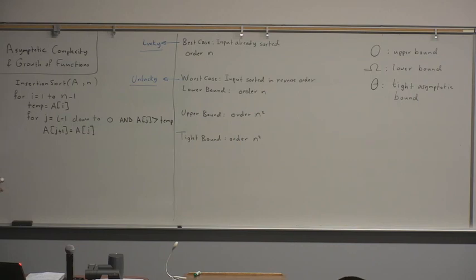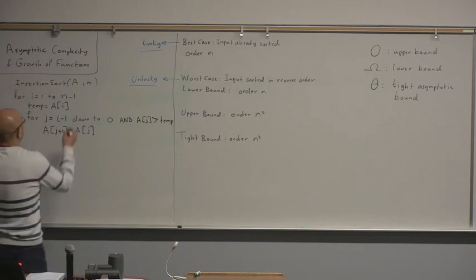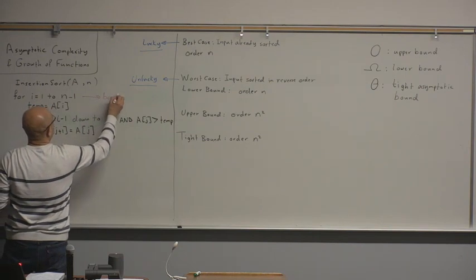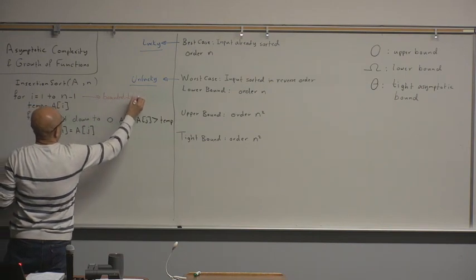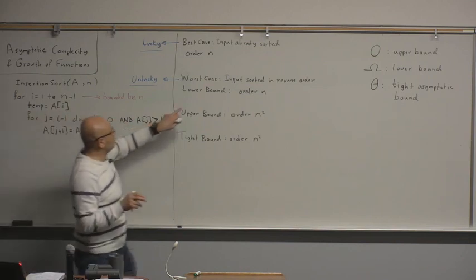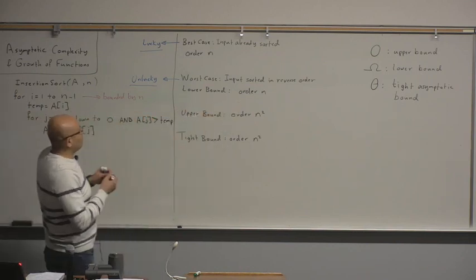So it's n minus 1, but in terms of order, it doesn't matter. It's the same order. So this loop is order n. Right? So this means that this algorithm can never be any faster than n. So that's why we are saying lower bound of n.